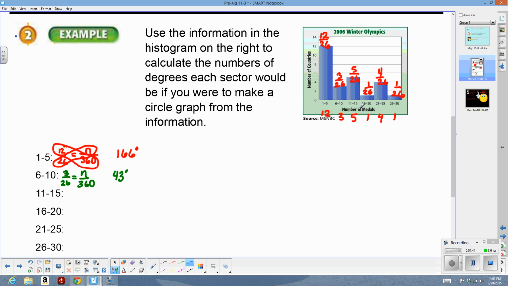The 11 to 15 is 5 out of 26. So 5 over 26 equals n over 360. And then when you solve that proportion, you end up with about 69 degrees.